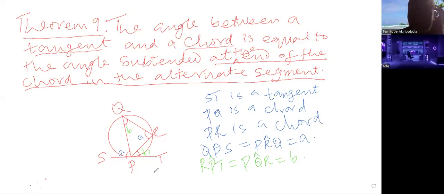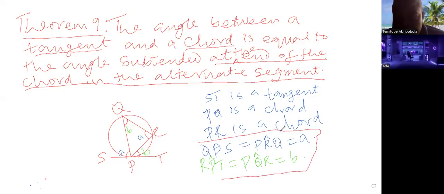So I want you to draw the diagram and write this statement. So take note of this. Now, the letter at the middle of the angle is what I'm putting emphasis on. That shows that's the precise point for the angle. If I say QPS, that means I'm considering the angle at P. If I change the order to SQP, then I'm considering the angle at Q. So take note of that.